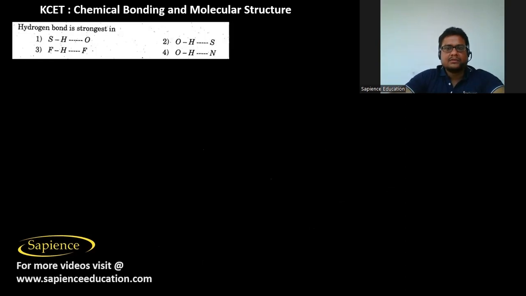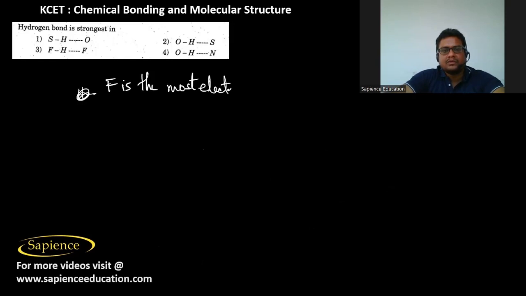Then here it is told that the hydrogen bond is strongest in. So the hydrogen bond will be strongest in HF, since fluorine is the most electronegative element.